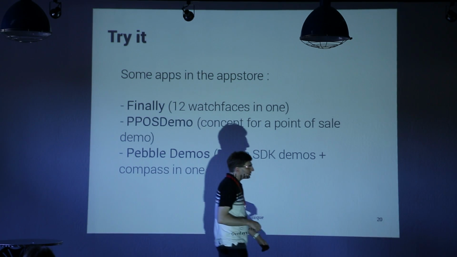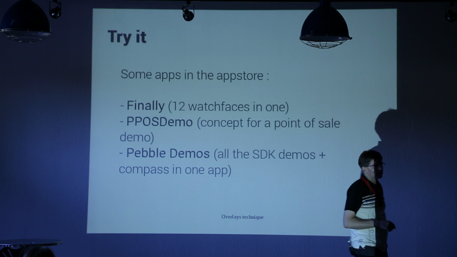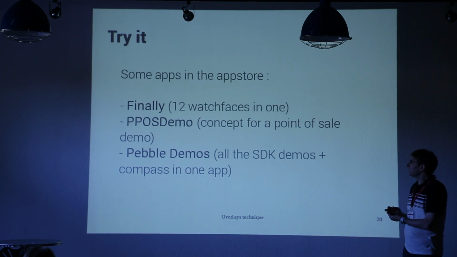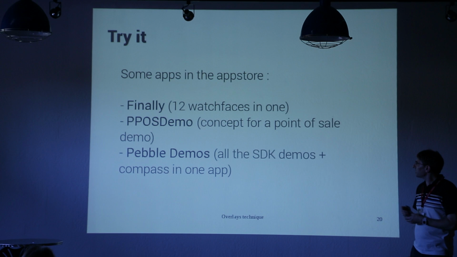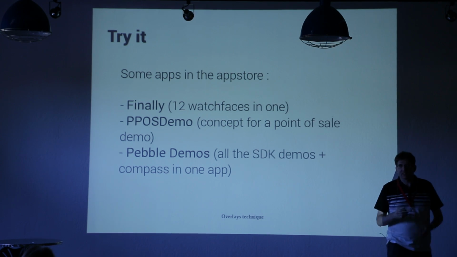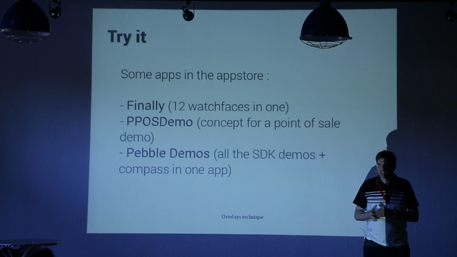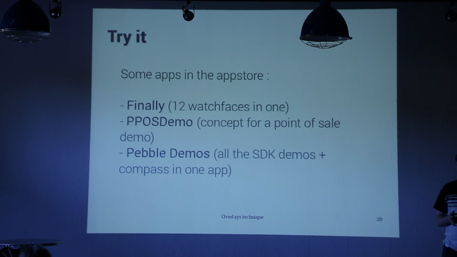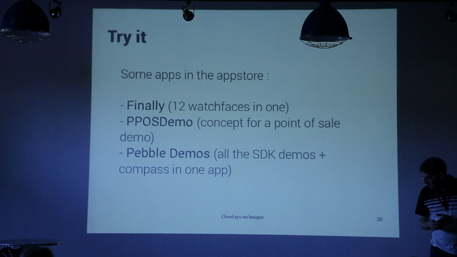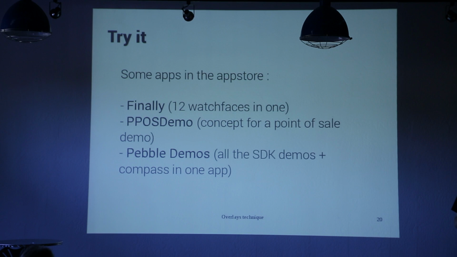In the App Store, there are several applications that are running with the overlay. Finally, there is my application. The reason that I started with all this: I made an application that displays many watch faces, with a special menu to select between them run by accelerometer and so on.